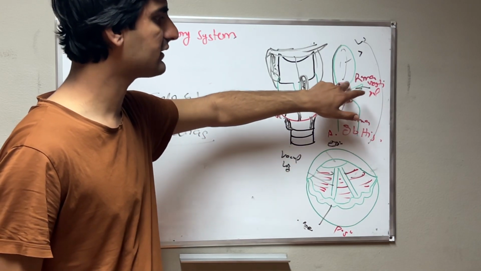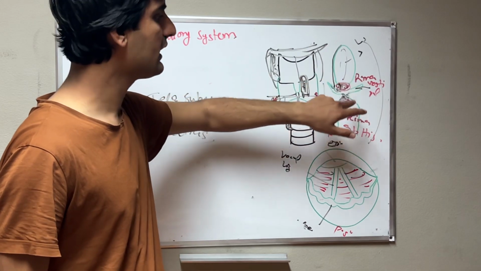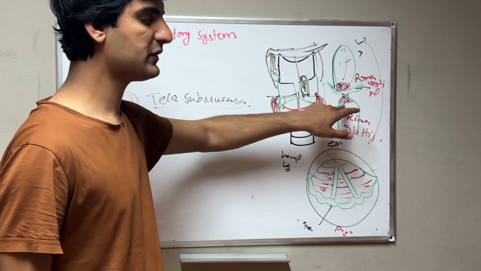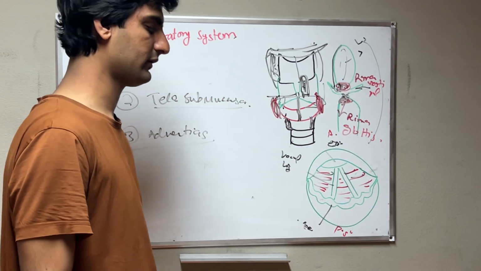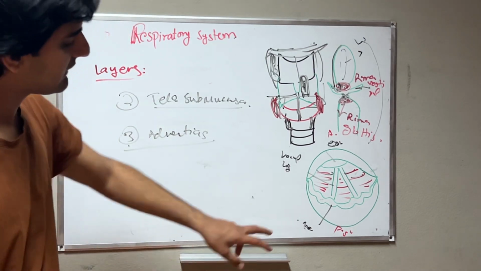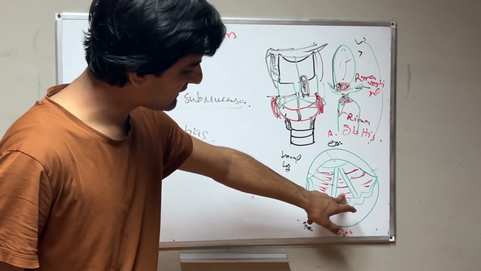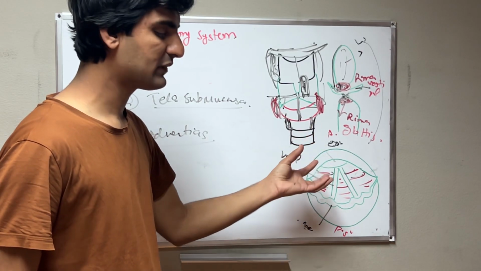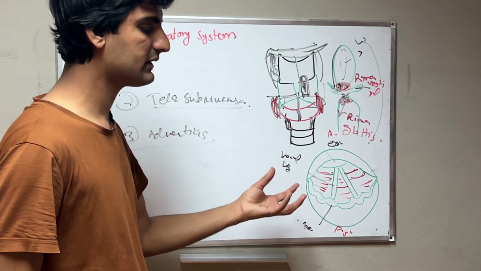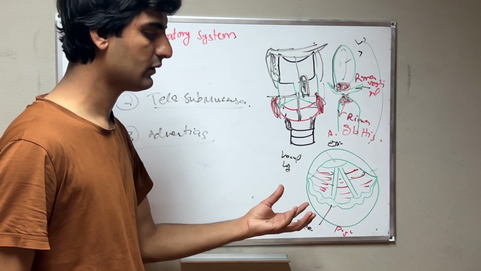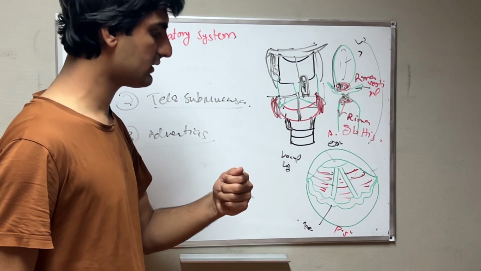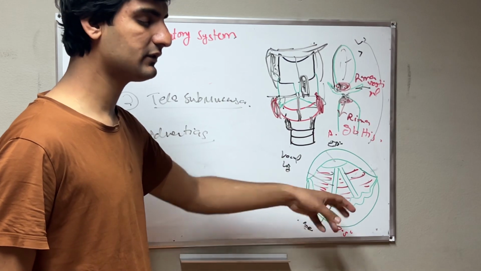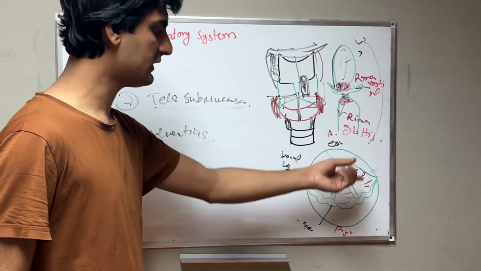Rima vestibuli is the space between the vestibular folds, and rima glottidis is the space between the right and left vocal folds. Then the function of the larynx is as a passage for air, which we take during respiration. And the second function is the production of voice, the phonation system.